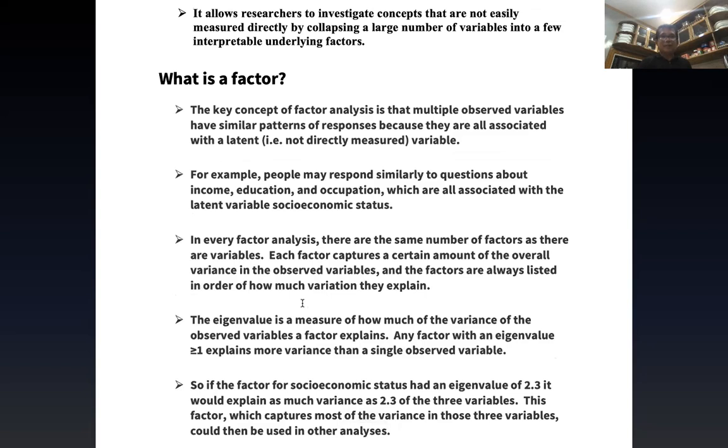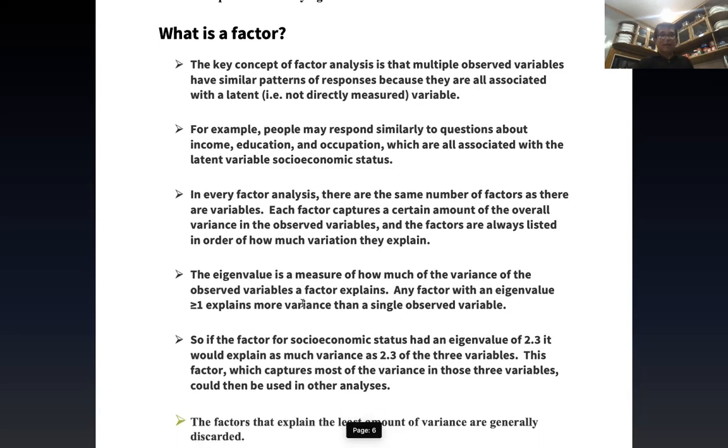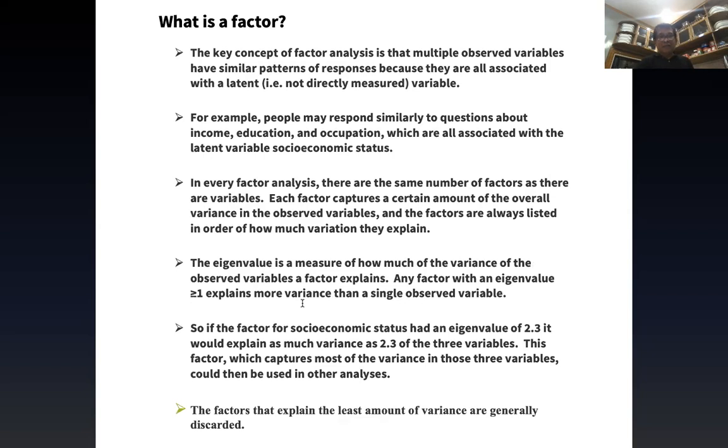Each factor captures a certain amount of the overall variance in the observed variables, and the factors are always listed in order of how much variation they explain. The eigenvalue is a measure of how much of the variance of the observed variables a factor explains. Any factor with an eigenvalue greater than or equal to 1 explains more variance than a single variable.